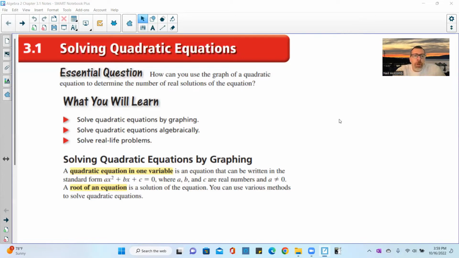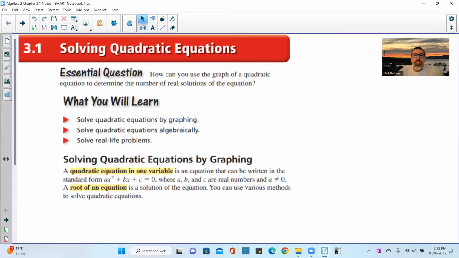A quadratic equation in one variable is an equation that can be written in the standard form ax squared plus bx plus c equals 0. So we're just going to set y equal to 0 to solve this. Where a, b, and c are real numbers and a cannot be 0, because, let me explain that.